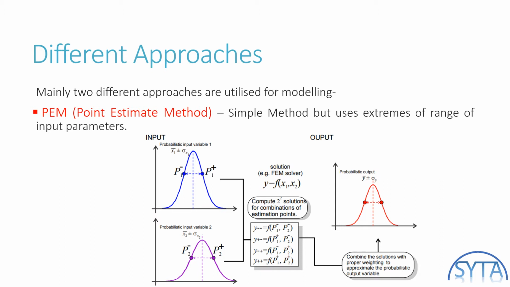As you can see here in the curves shown, the solution is represented as a function of the input parameters taken here as x1 and x2, and as a solution computing the estimation points, it calculates out of the various combinations in order to derive the most suitable solution, which is accommodating all the extremes, that is the worst case scenarios to be encountered in the problem, and the solution is coming out as the most conservative one, as we can say.